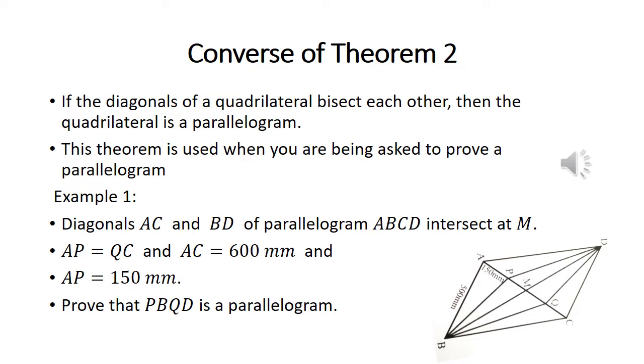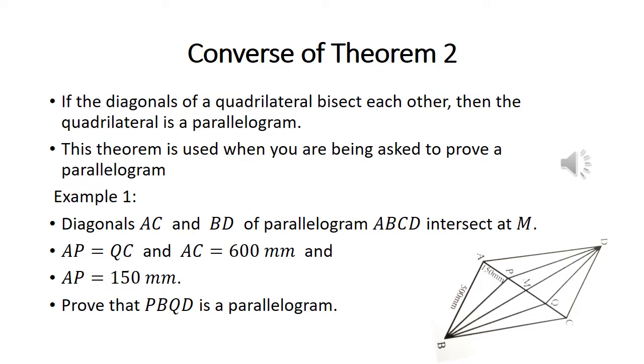So in this converse, you are going to be asked to prove that it is a parallelogram. So they will tell you it is a quadrilateral, and you will be asked to prove that it is a parallelogram. And the way we do this is we will prove that the diagonals bisect each other, and if the diagonals bisect each other, we know that is a property of a parallelogram, and therefore it must be a parallelogram.